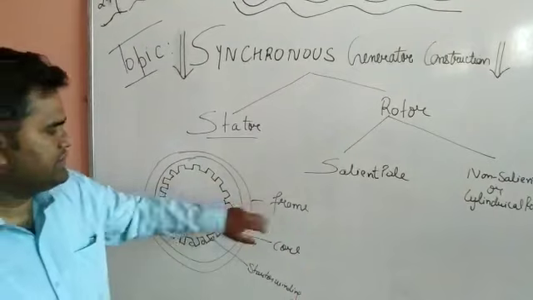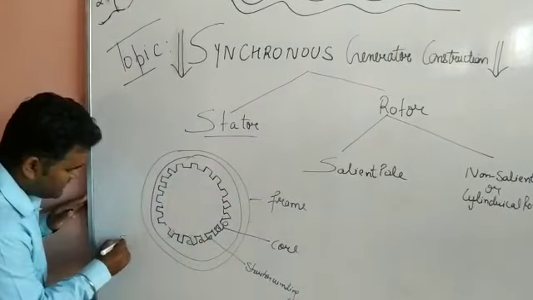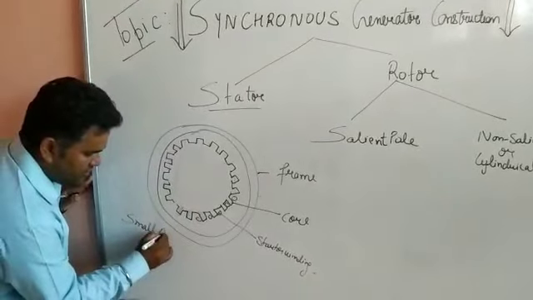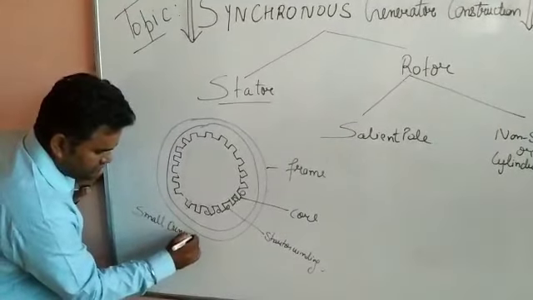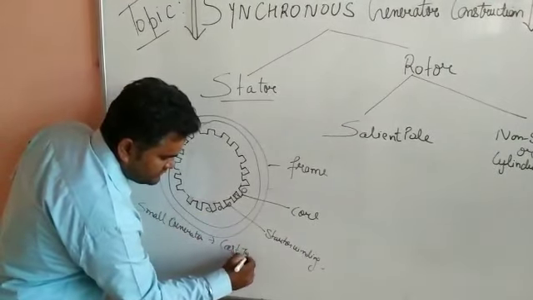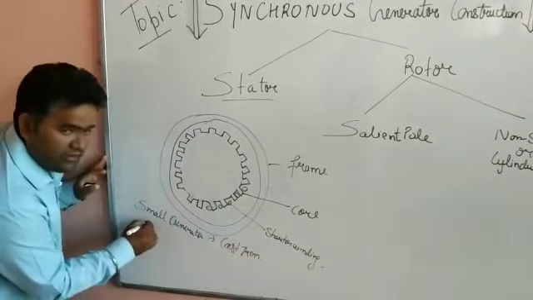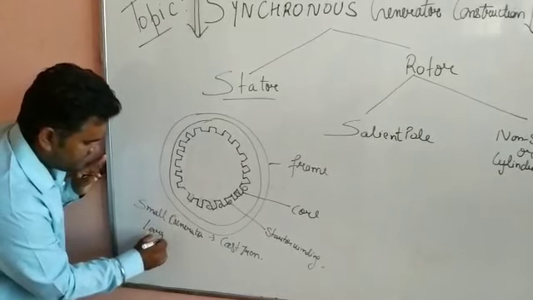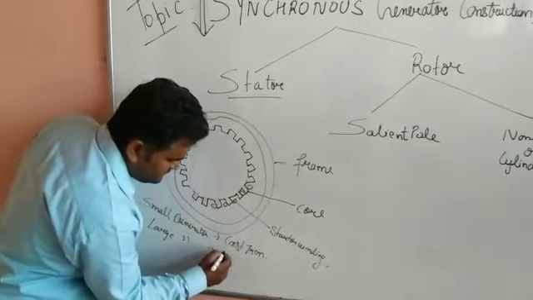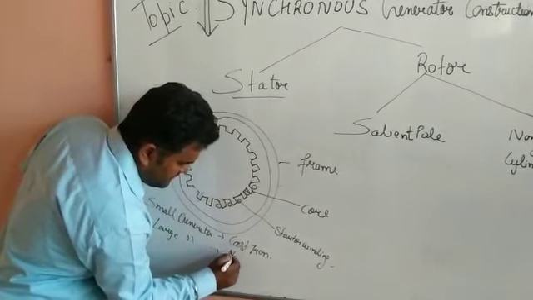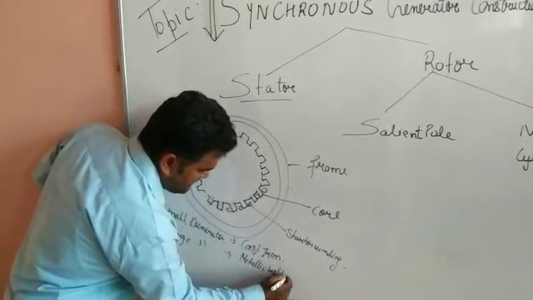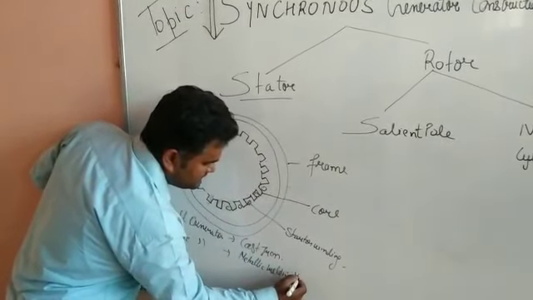Now the stator frame, for small machines, small generators you can say, is made from cast iron, and for large machines, large generators, it is made of metallic welding material.